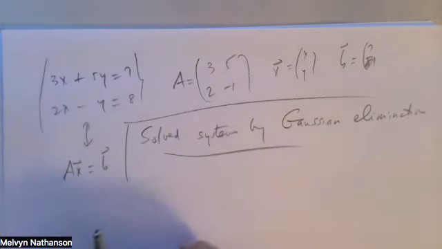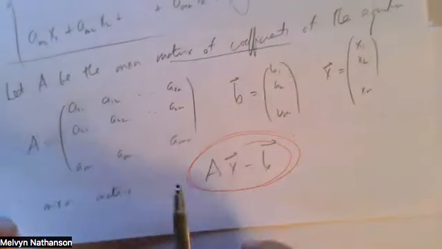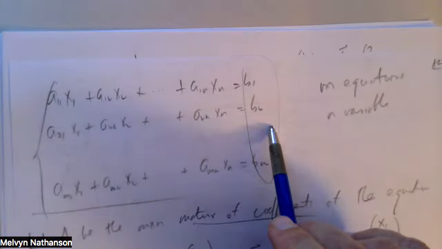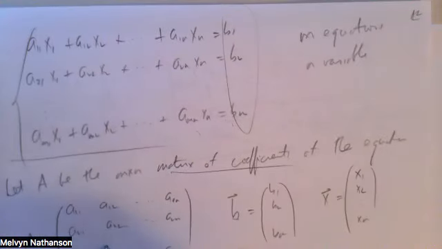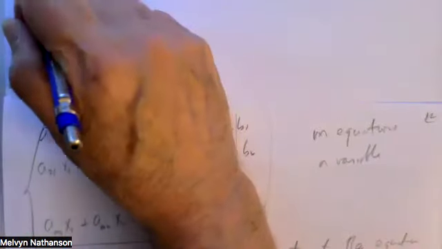For that, we use the augmented matrix. Here we had a system of m equations and n unknowns. This was the matrix A, and this was the vector b. Corresponding to this system of equations, we write what is called the augmented matrix.